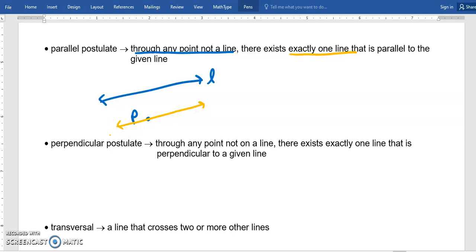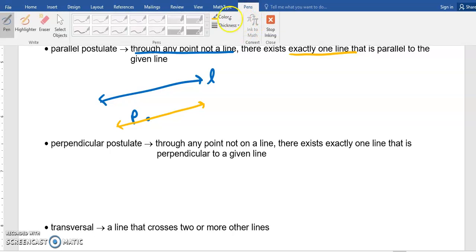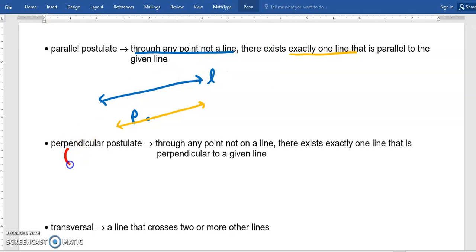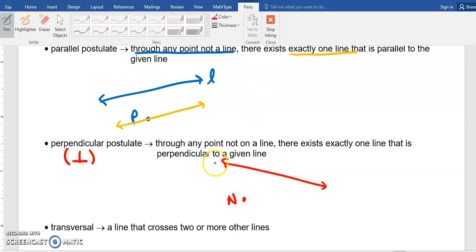The same thing works with perpendicular. Our symbol for perpendicular to looks like an upside down T. If I have a line and a point not on the line, there's only one line perpendicular to my given line.